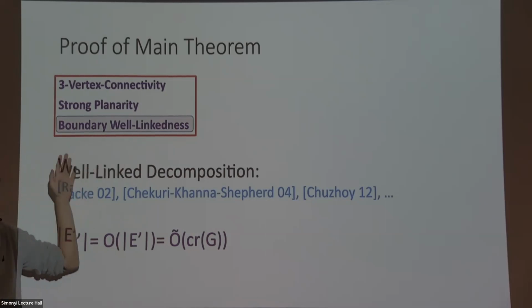So this is all similar to the expander decomposition, but it is a very mature algorithm that's been used a lot in the past 10 years, well-linked decomposition. And we can guarantee indeed we have not deleted too many more edges. So given every cluster, we can perform a well-linked decomposition so that eventually all small clusters are boundary well-linked, and the number of edges we deleted is not too many. So this is basically the easiest one that we can achieve.